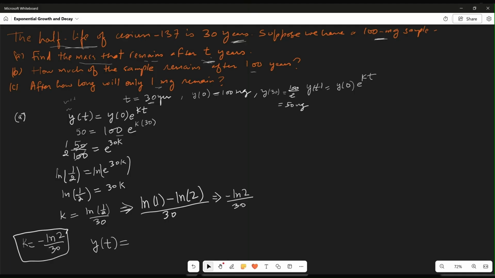So we have the sample 100 milligram at the initial stage, e raised to the power k. The growth factor is negative natural log 2 divided by 30 times t.